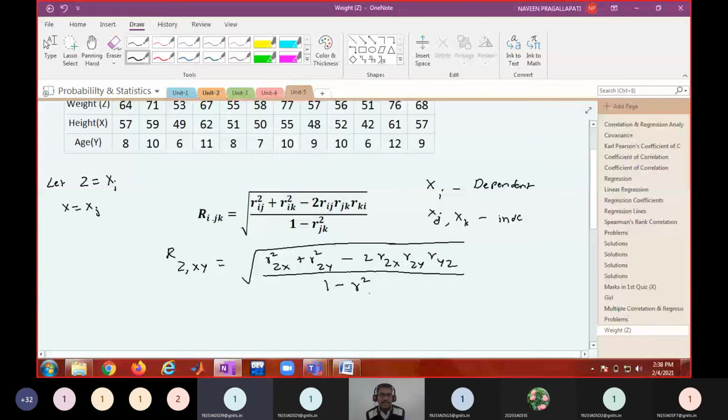That means, correct, zx and xy. So we require three correlations first.